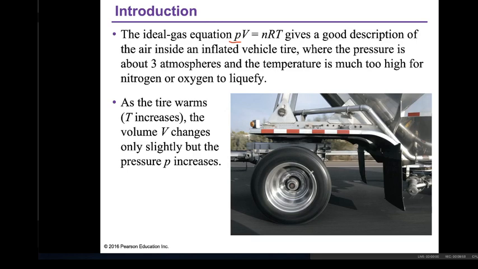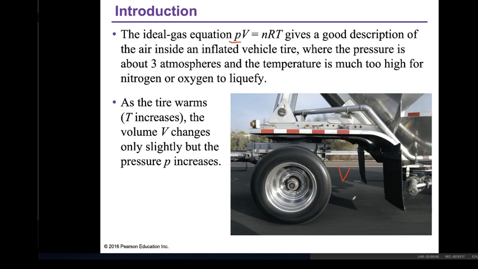In the tire, let's think about the pressure in winter and summer. We know the volume V of the gas in the tire is almost constant because the volume of the tire doesn't change too much.